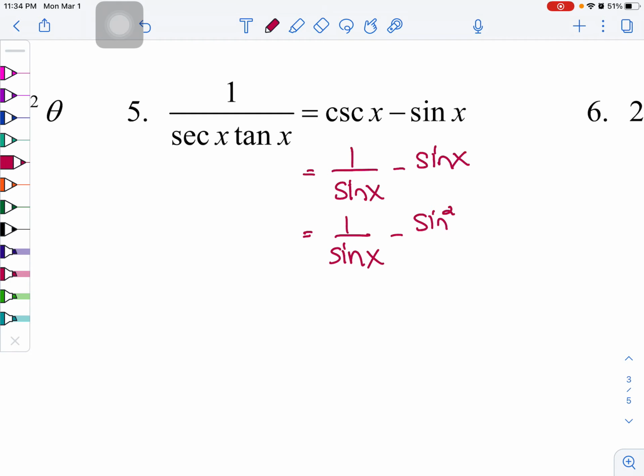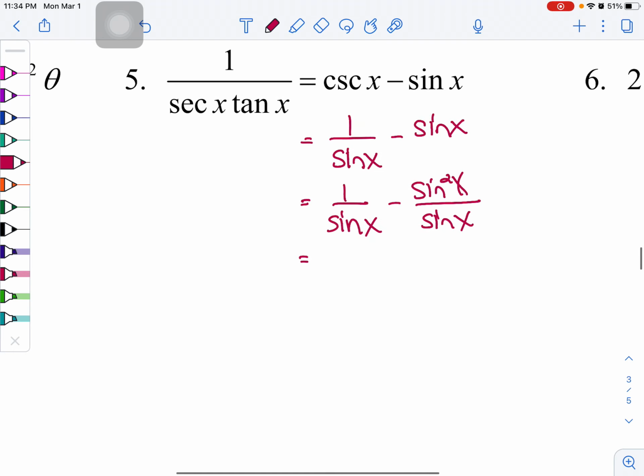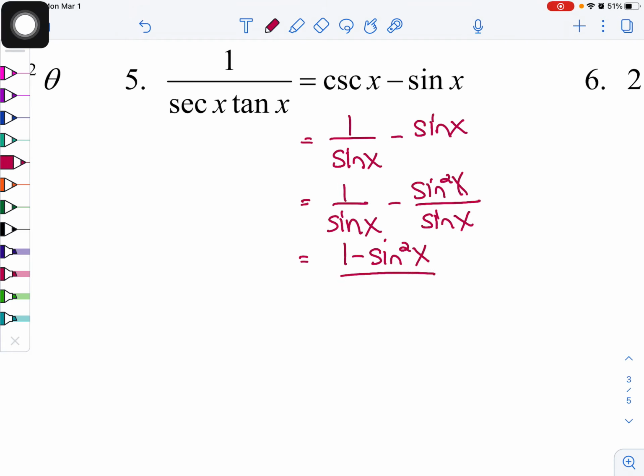So this is 1 over sine of x, minus sine squared x over sine of x. I'm just getting a common denominator there. So 1 minus sine squared x over sine of x.